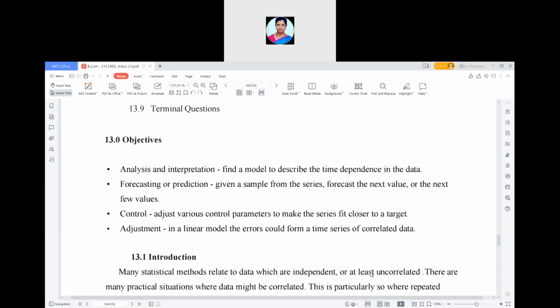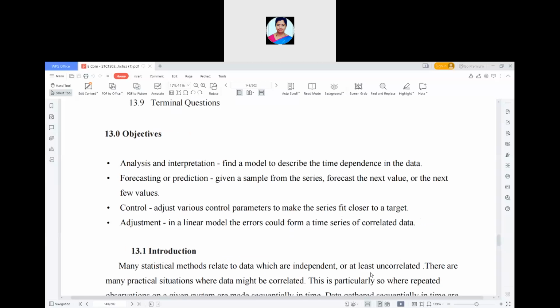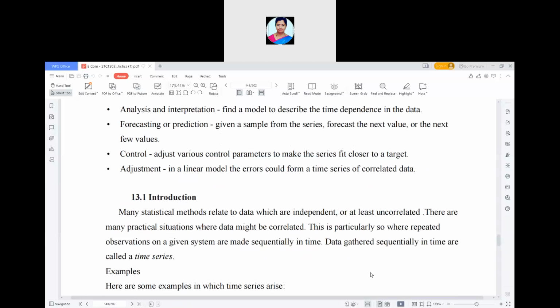Now we are moving into the introduction of this unit. Already we know that statistics is a collection of data only. So all the methods are related to data. So these data are independent or at least they are uncorrelated.